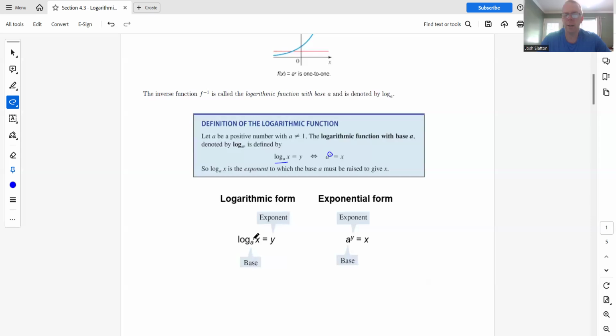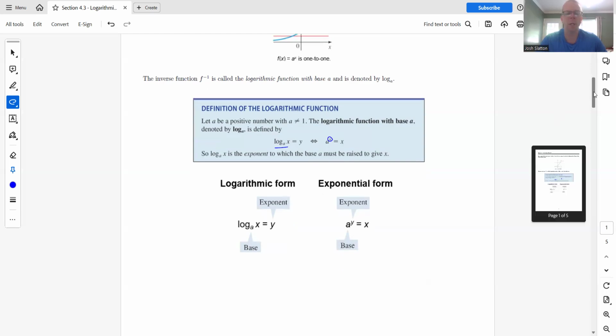In the log, the x is on the same side as the base, and in the exponential, the y is on the same side as the base. I wouldn't call that a mathematical statement, but it's just a way to remember it.